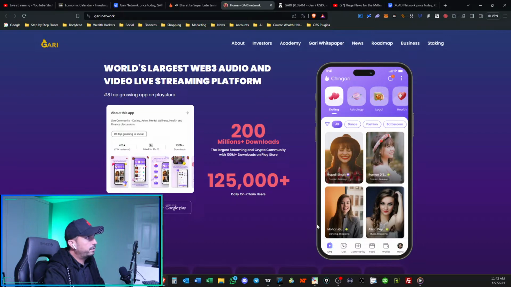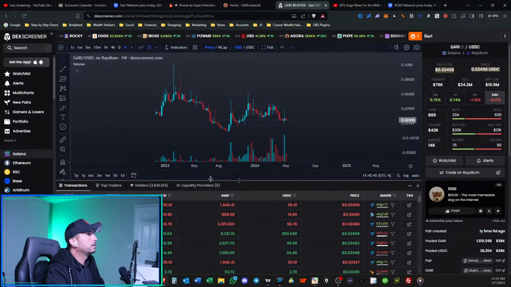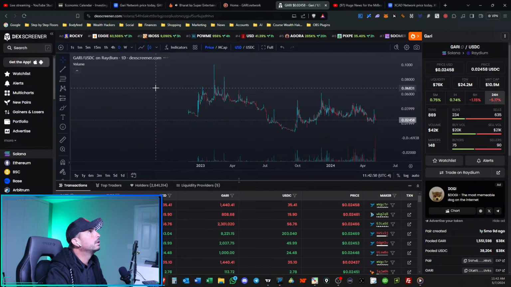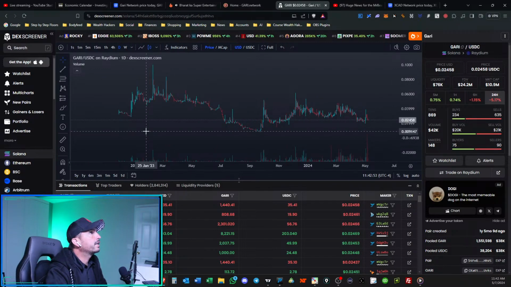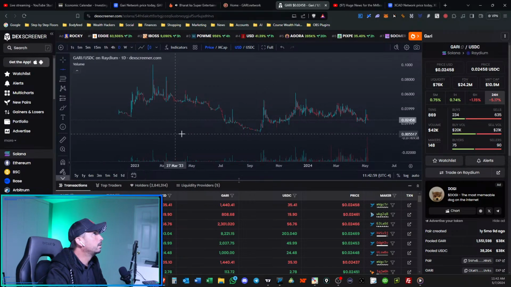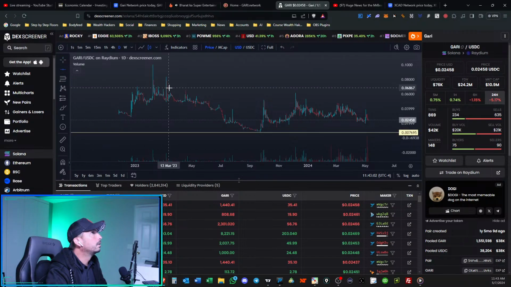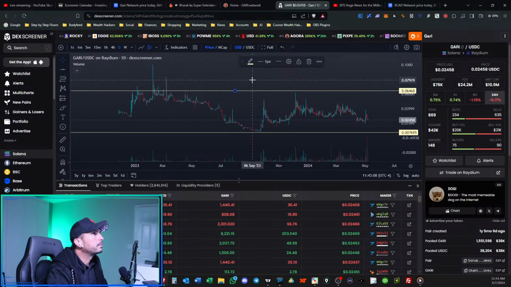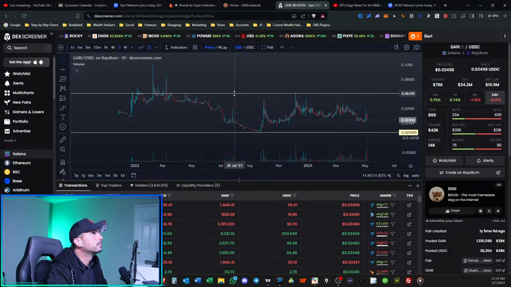Now, as far as charting, not a good thing right now. It needs more volume and everything. Let's look at DEX Screener. On DEX Screener, the history is a little different. It's just inside of this range.